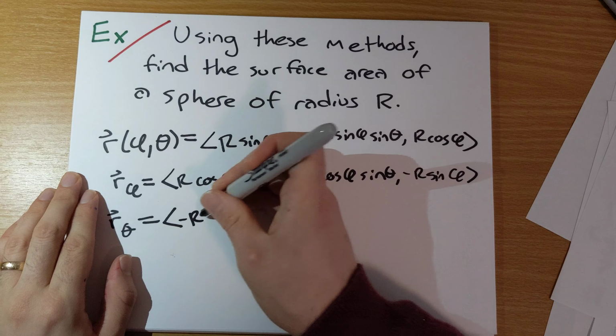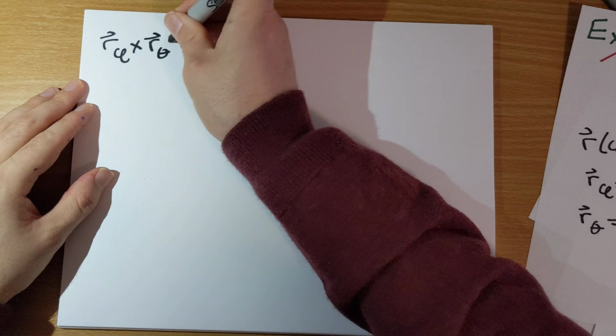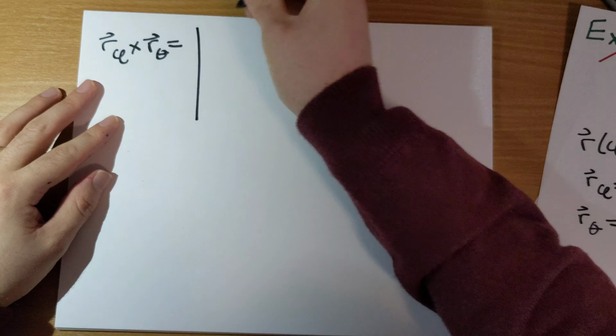So we have these two partial derivatives. We need to take their cross product and then calculate the absolute value, the magnitude, of that. So r sub phi cross r sub theta is going to equal the cross product with i hat, j hat, k hat.